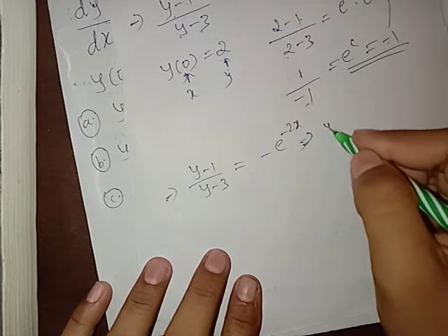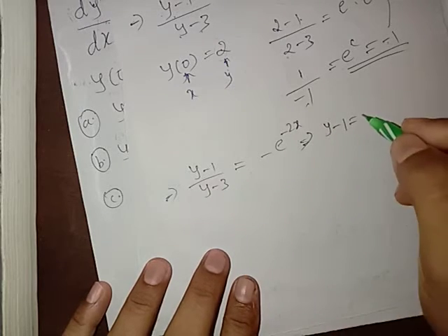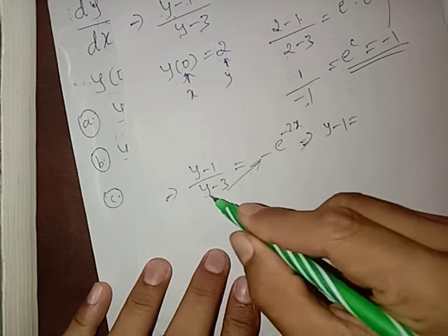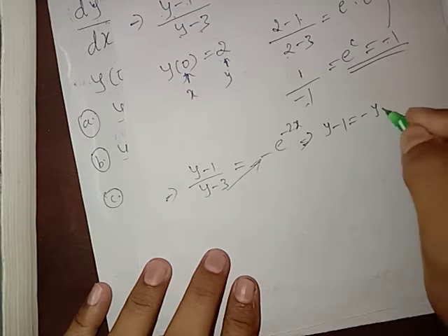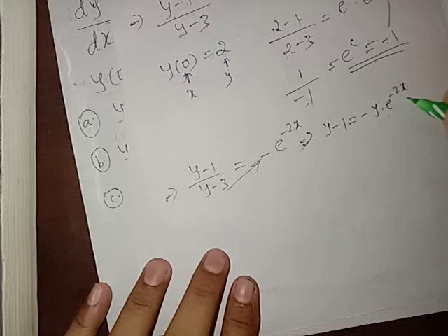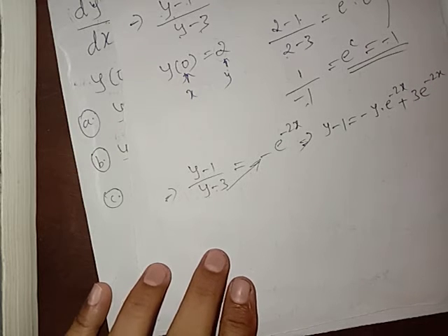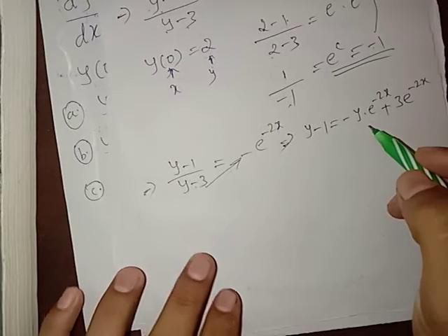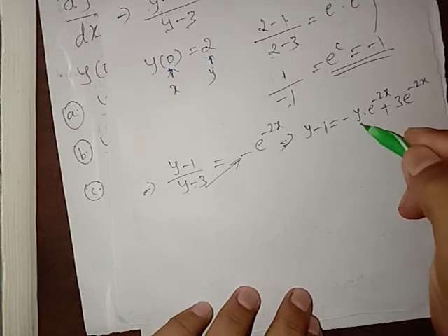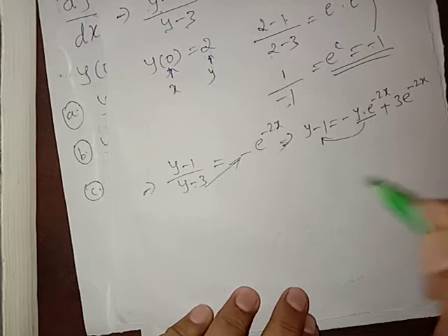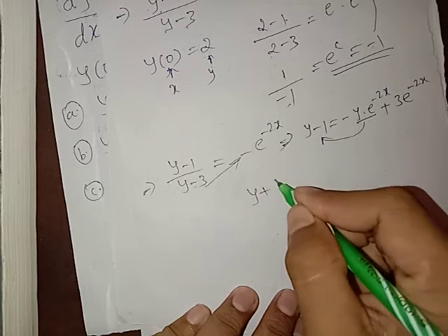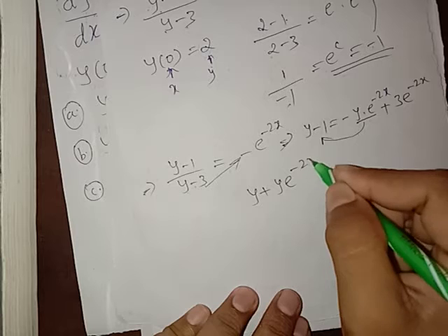Now y minus 1 is equal to minus y into exponential of minus 2x, and minus into minus becomes plus 3 exponential of minus 2x. Now we take this to here: y plus y exponential of minus 2x.